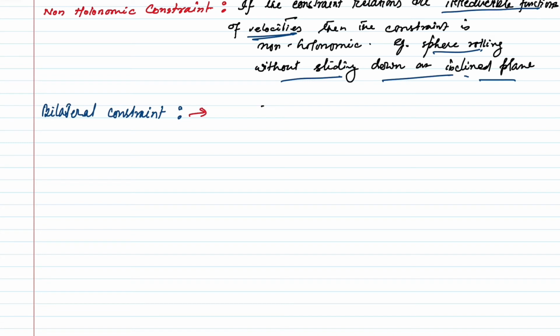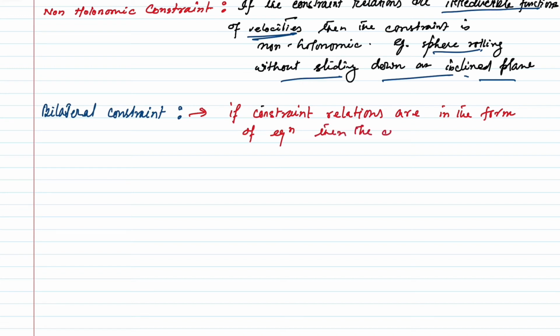If the constraint relations are in the form of equations, then the constraint is called a bilateral constraint.